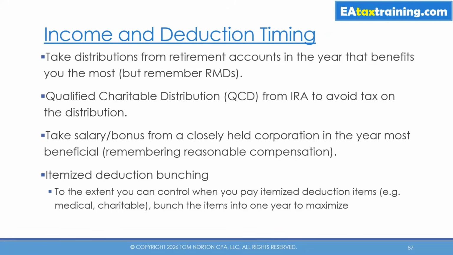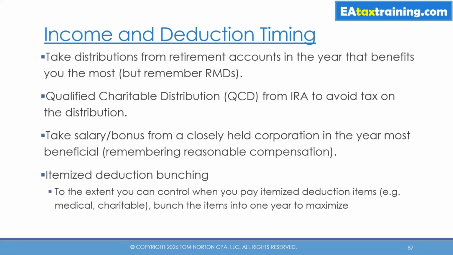And if you own your own business, you've got a closely held corporation, you can take your salary and bonus in the year that is most beneficial. Now, when we get to part 2, we're going to talk about reasonable compensation. You do have to pay yourself reasonable compensation during the year, but you still have got some flexibility here.